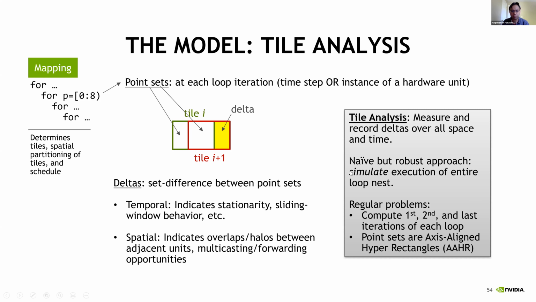Fortunately, the problems that we're dealing with are so regular that we can make two assumptions. First, for each loop, we can compute just the first, second, and last iterations. Everything else is just regular extrapolation of those iterations. The second thing is that instead of performing computations on point sets or point clouds, we assume that our tile volumes are axis-aligned hyperrectangles, which is true for a large class of workloads, for example, convolutional layers.